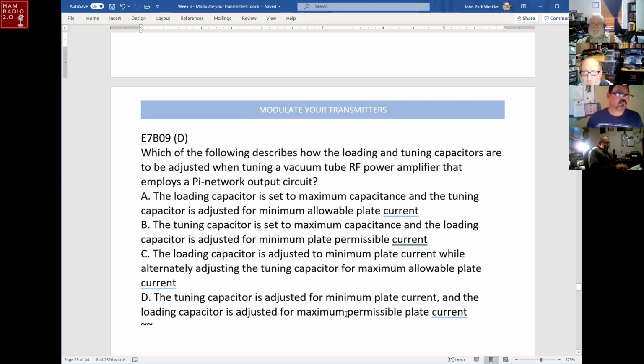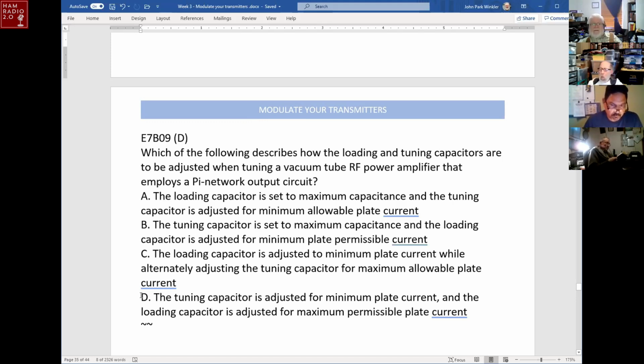the power level that you were trying to use. Permissible plate current might be the allowable plate current, but it also might be the plate current that kept your transmitter from exceeding the power permitted for novices. Some novice transmitters would run 90 watts input power, and you were only allowed 75 watts in those days.